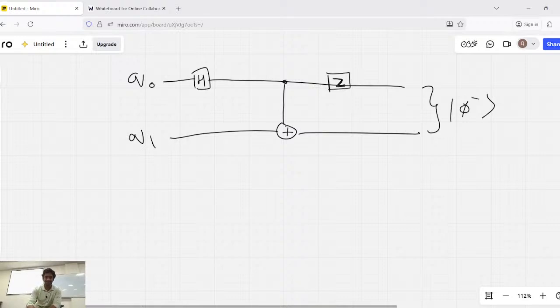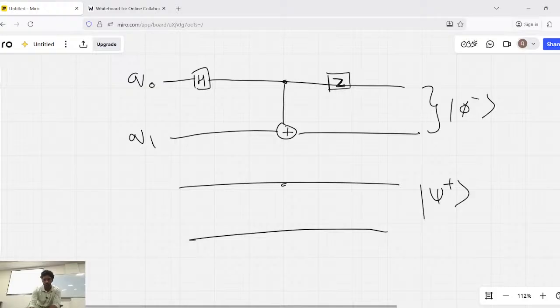Okay. And the third thing, the psi plus. If you want to see the psi plus state, what we'll be doing, instead of this Z gate, you'll be keeping an X gate. Instead of this Z gate, if you keep a simple X gate, you'll be getting a psi plus state.